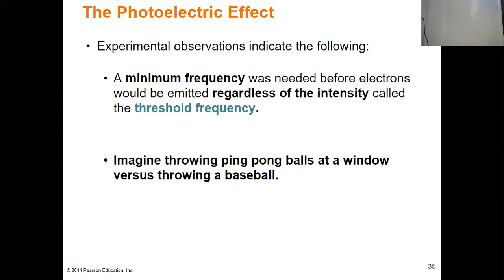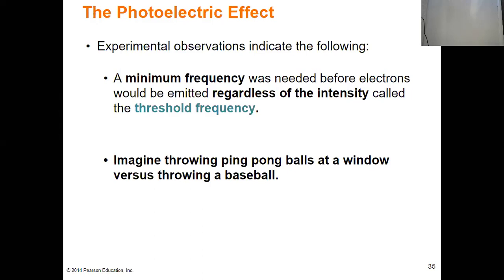That would be equivalent to your metal surface trying to absorb energy from dim light. It doesn't matter how many ping pong balls you throw at the window. It's never going to add up to enough energy to break that window. Just like with that dim light, it's never going to have enough energy to reach the threshold frequency and eject your electron.